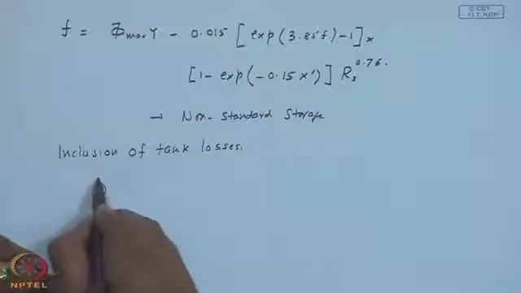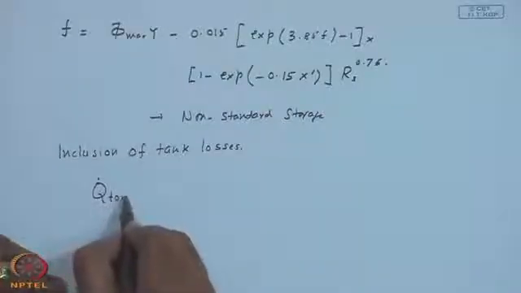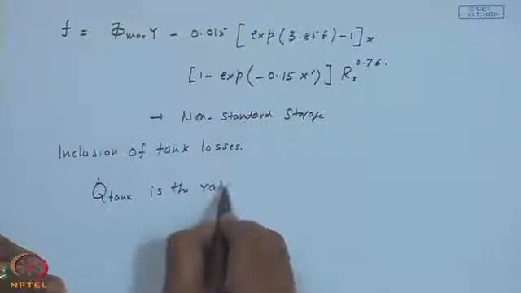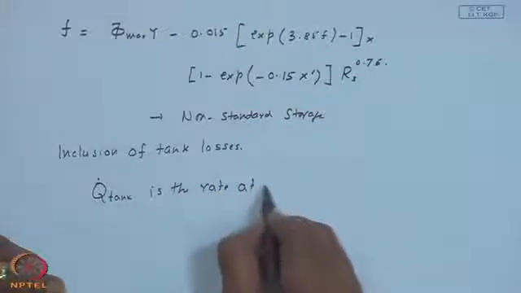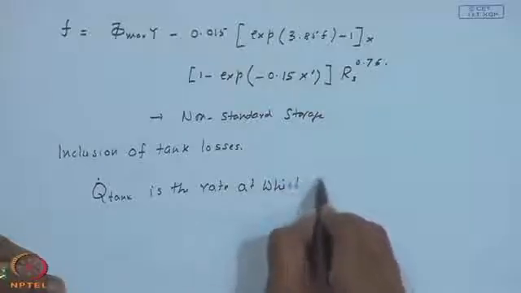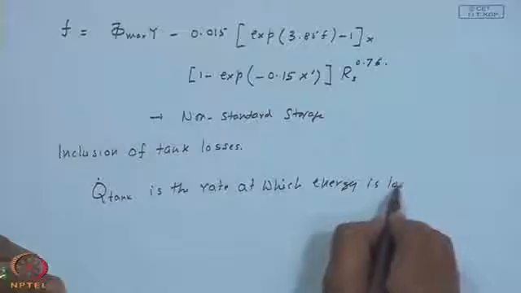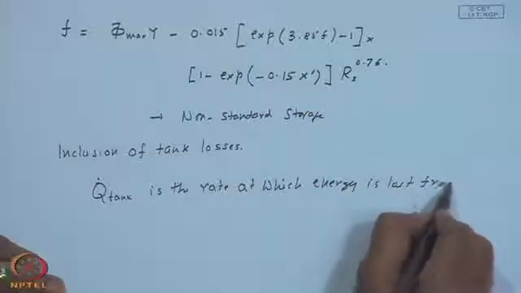Initially, we do not know what is the tank temperature. But let us say Q dot tank is the rate at which energy is lost from the tank.